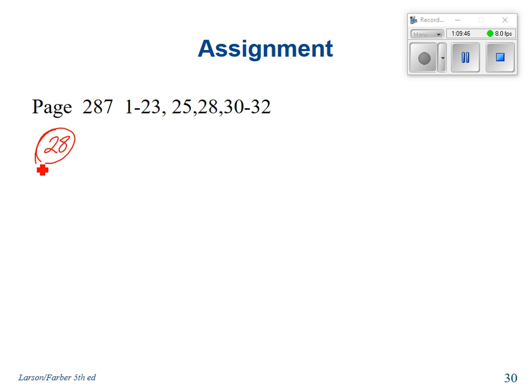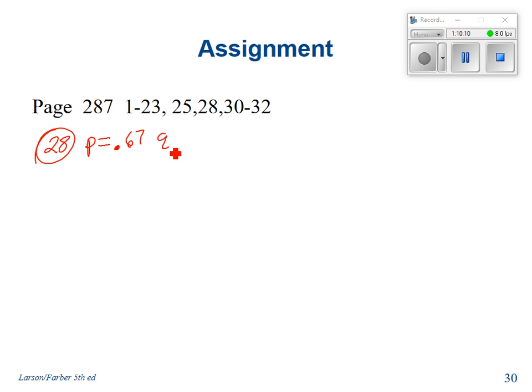A survey of U.S. adults who attend at least one music concert a year found that 67% say concert tickets are too expensive. So what's our P? 0.67.